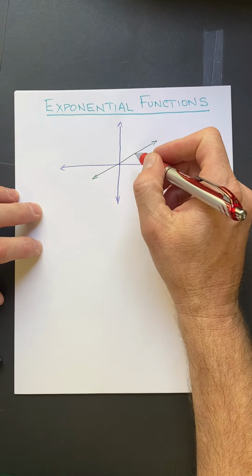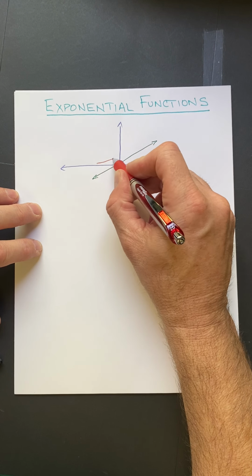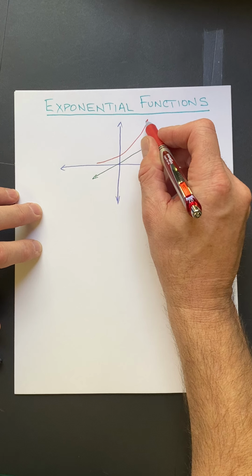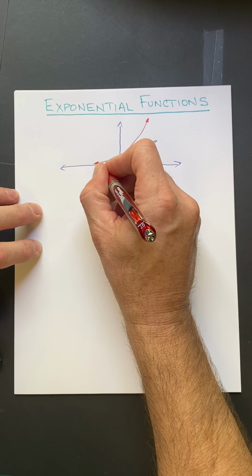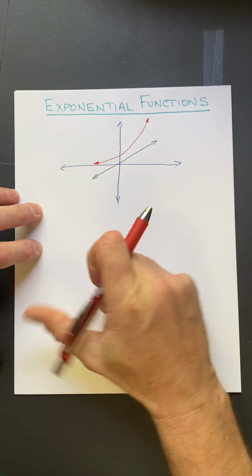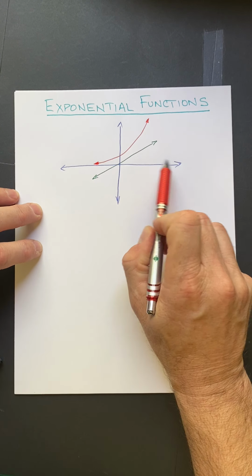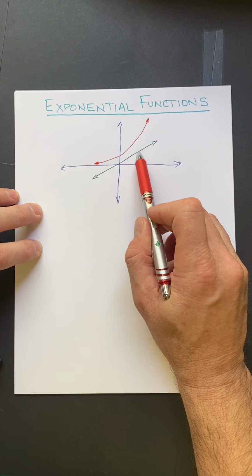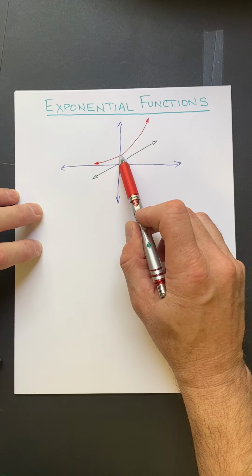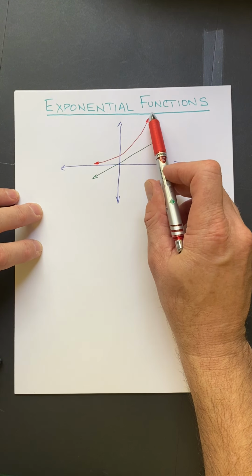When we talk about an exponential function, we're going to look at something that has a changing rate of change, okay? So notice as I go towards x, the linear stays the same, right? But this exponential is constantly getting steeper and steeper.